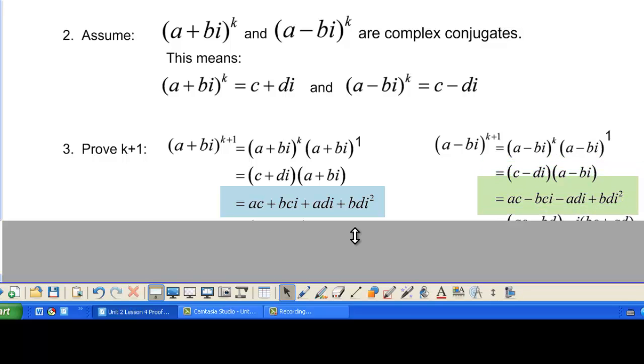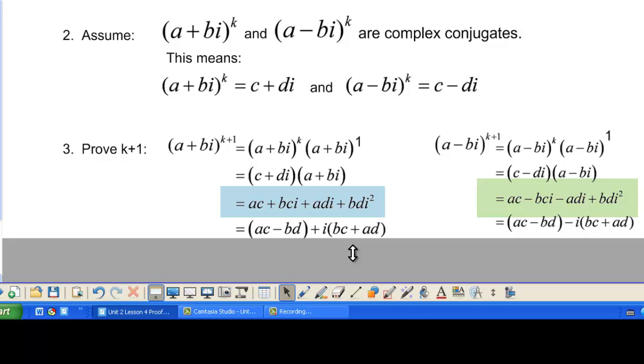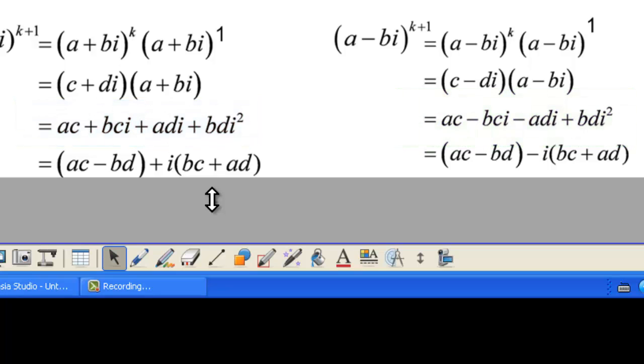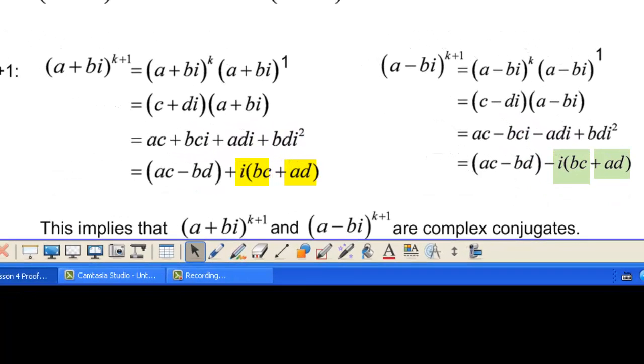I get ac minus bci minus adi plus bdi squared. And then what I did is I reordered my terms, remembering that i squared is negative 1, so I get ac minus bd. And then when I group bci plus adi and pull out an i, I get bc plus ad.